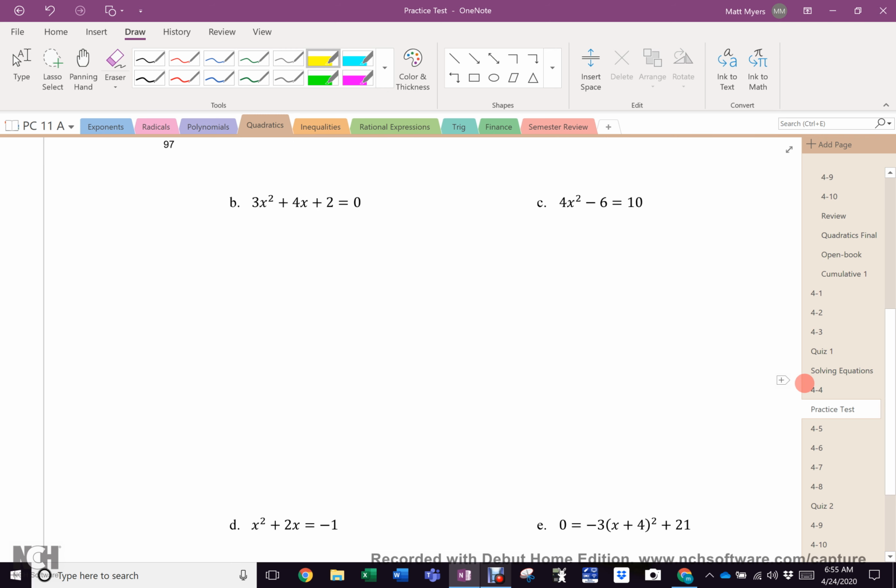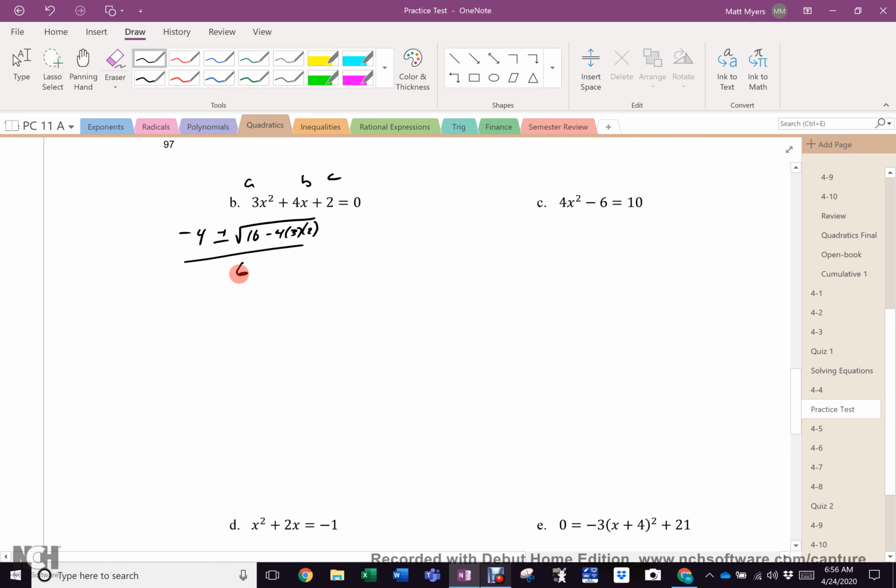Turn the page over. That one's even, so we could complete the square, but there's a 3 in front of it that we can't get rid of. That's a giant pain, so that is quadratic formula. A, B, C. Negative 4 plus or minus the root of 4 squared minus 4 times 3 times 2 over 6.